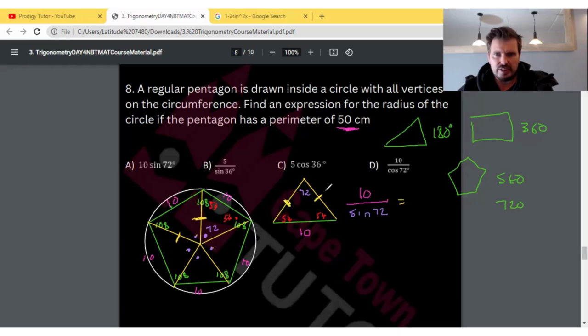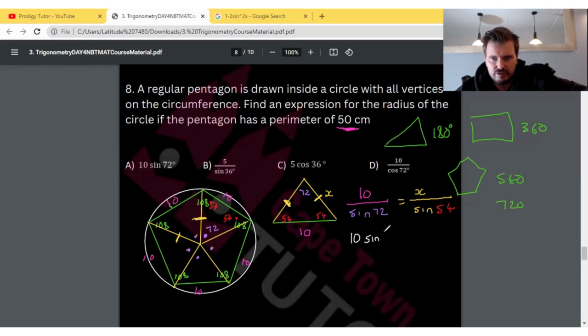Let's call this x. X over sine 54. So the sine 54 goes to the top of the other side, and we get 10 sine 54 over sine 72 equals x.